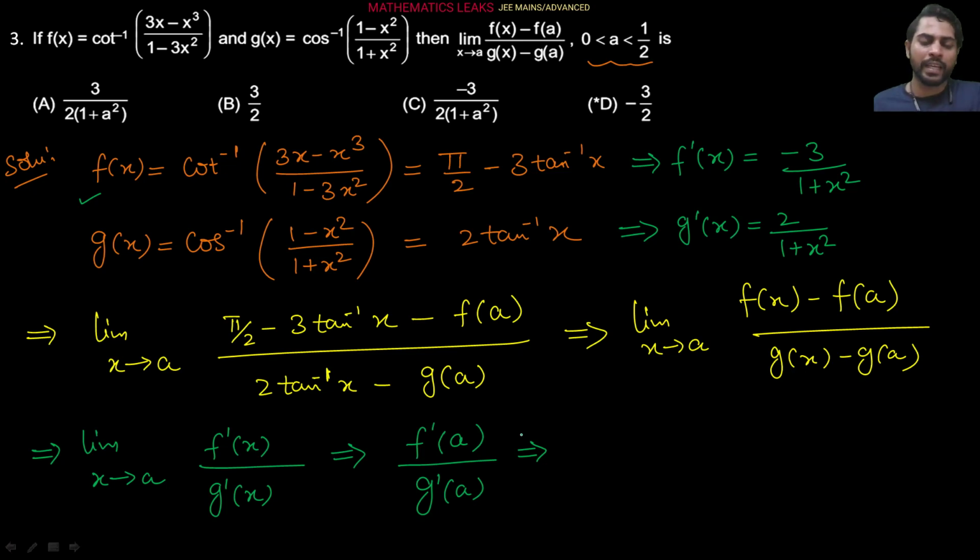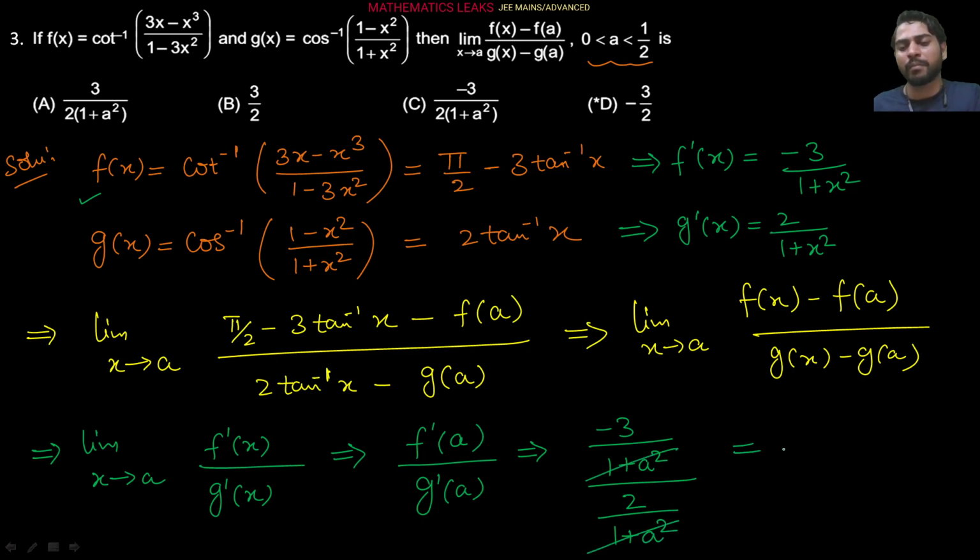So from there we can say f dash of a is nothing but minus 3 upon 1 plus a square, upon g dash of a which is nothing but 2 upon 1 plus a square. So 1 plus a square and 1 plus a square get cancelled, minus 3 by 2. Minus 3 by 2 is the correct answer for this question, everybody.